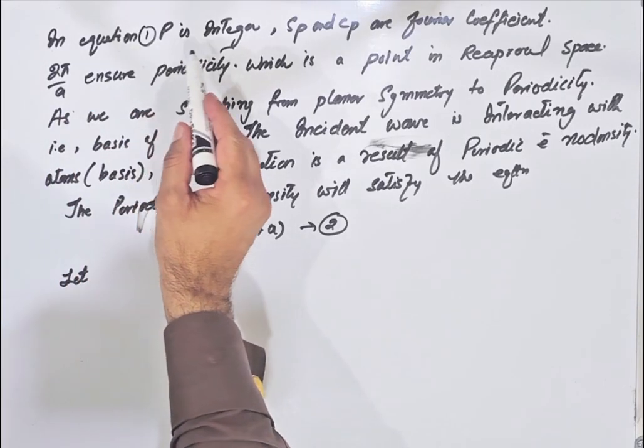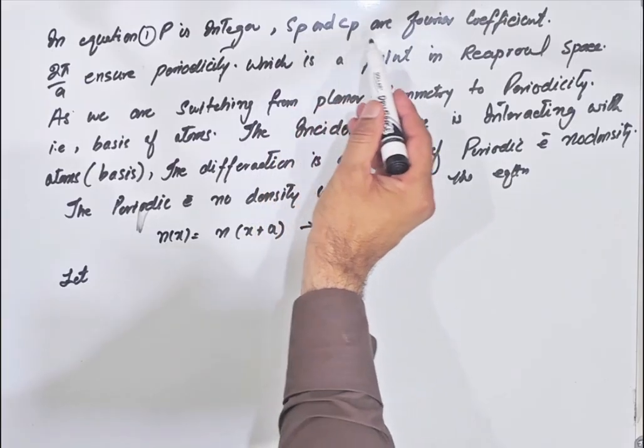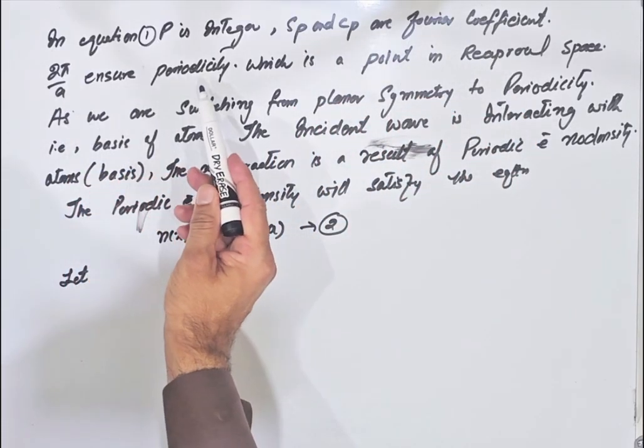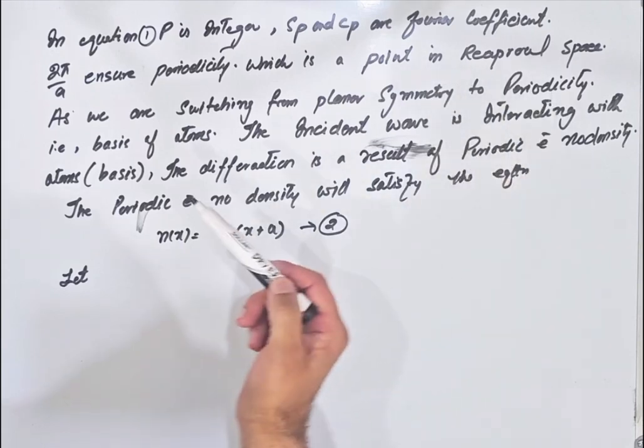In equation 1, p is an integer, and sp and cp are Fourier coefficients. 2 pi by a ensures periodicity, which is a point in reciprocal space.